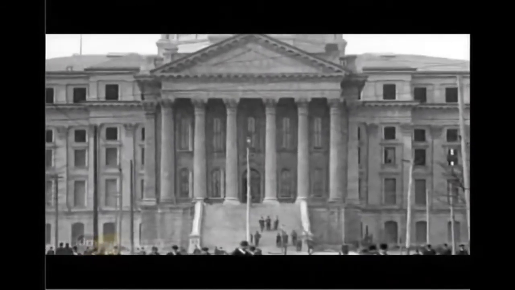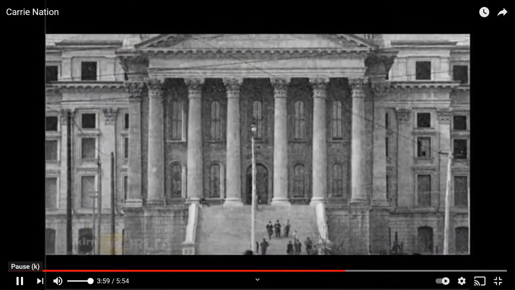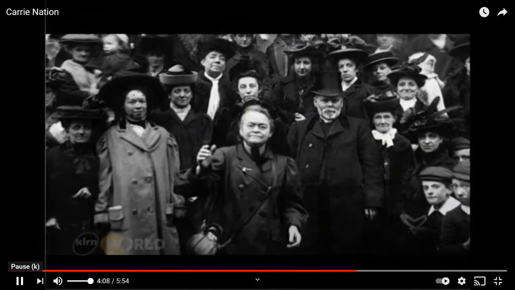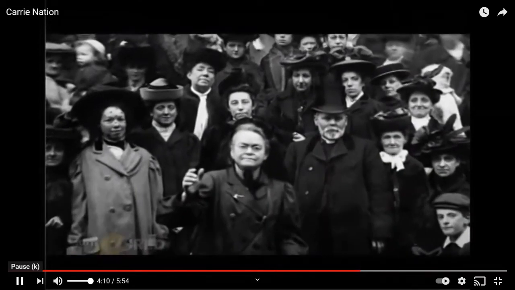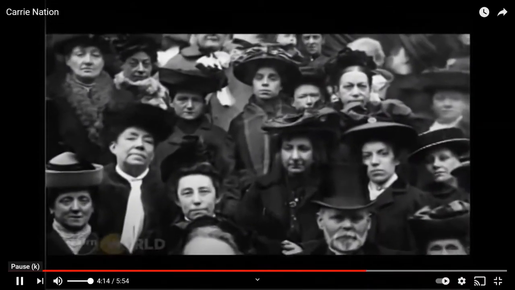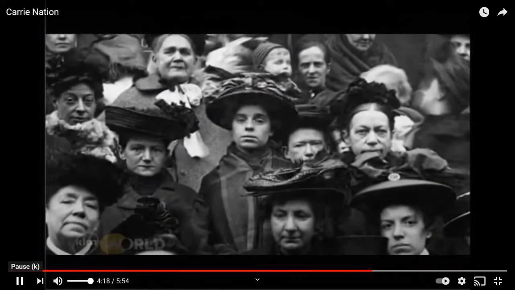"You are a woman," he said, "and a woman must know a woman's place." She walked out of his office and called for a hatchetation. Many Kansans believed Nation was at least half mad, but hundreds of women and a smaller number of men rallied to her, bringing their own stones and bricks, sticks and hatchets, and calling themselves the Home Defenders Army.